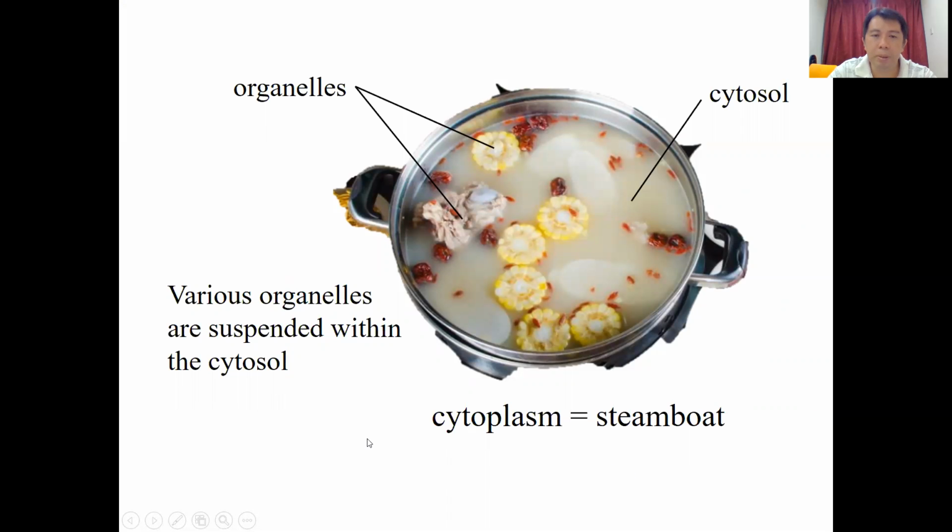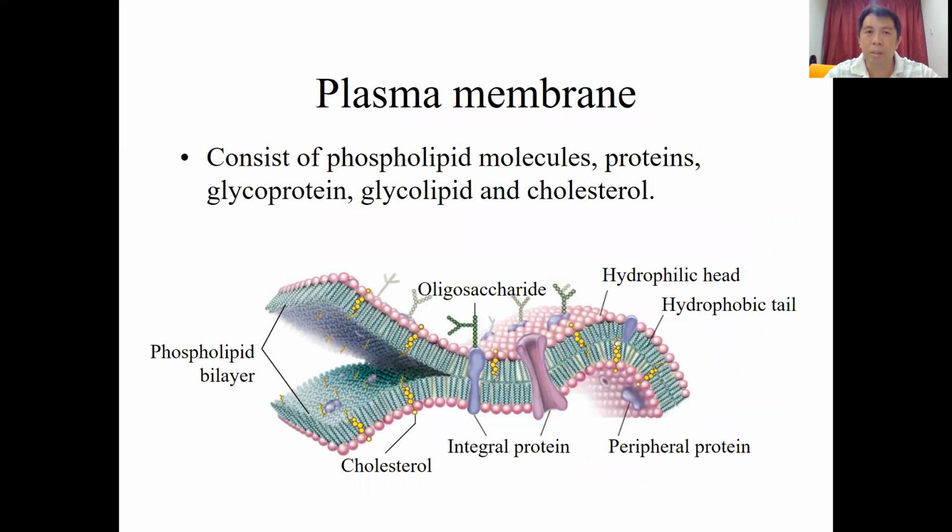Just the soup only is known as cytosol. The other materials, veggies and meat, are known as organelles. Various organelles are suspended within the cytosol. So cytoplasm is actually the cytosol plus organelles. All the organelles are found in the cytosol, and the whole thing is known as cytoplasm.